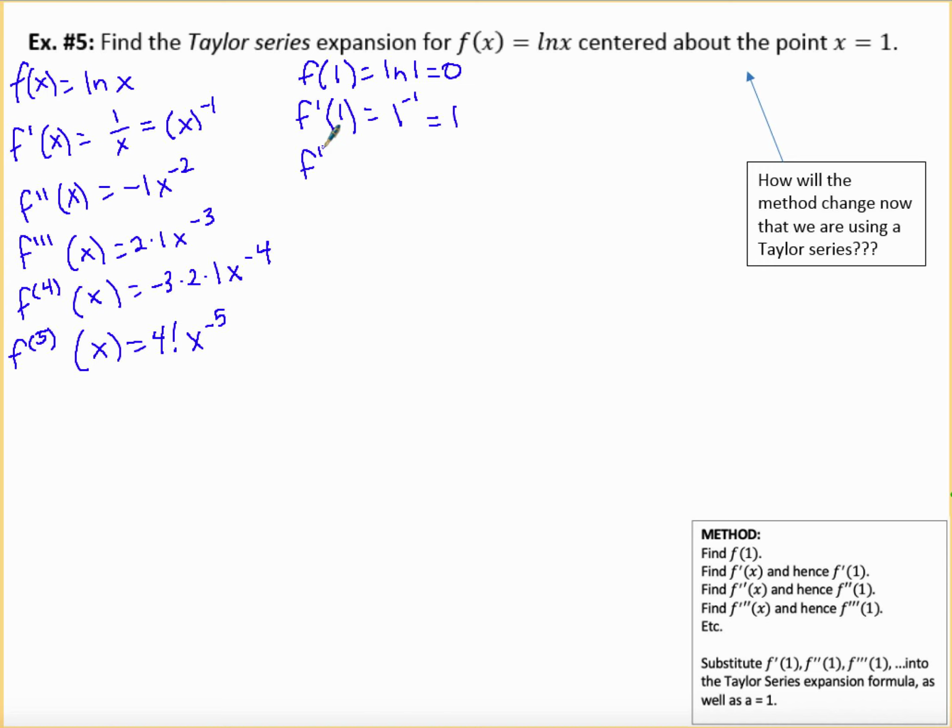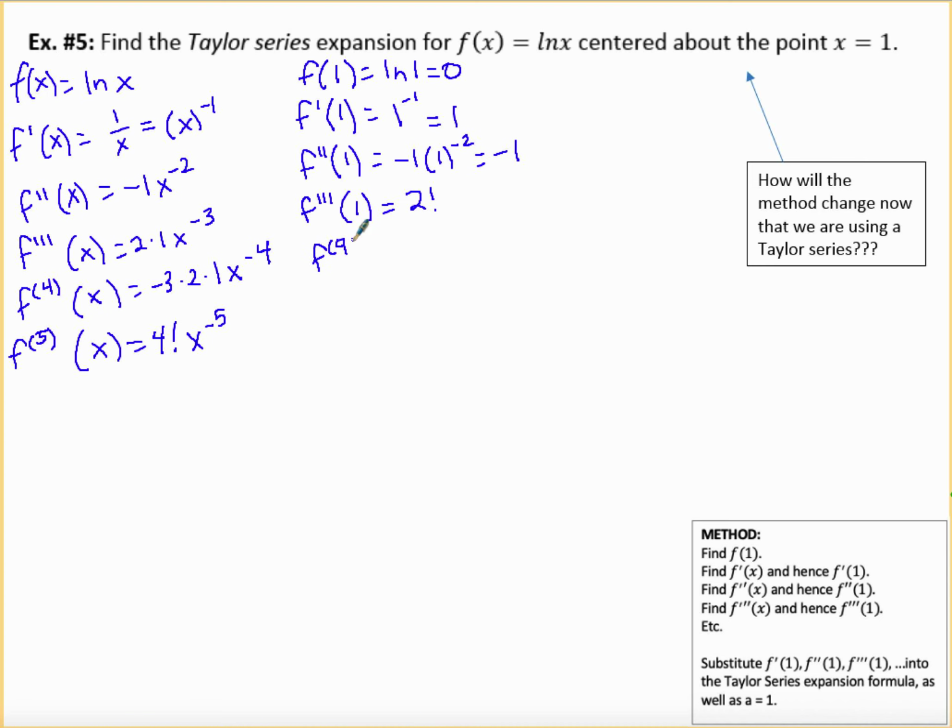Second derivative at 1, that is negative 1 times 1 to the negative 2 power. So 1 to the negative 2 power is 1 times negative 1 is negative 1. Third derivative at 1. Again, just substituting 1 in for our x here. I get 2 times 1 times 1, which is 2 factorial. Hey, look, when you see factorials, write them.